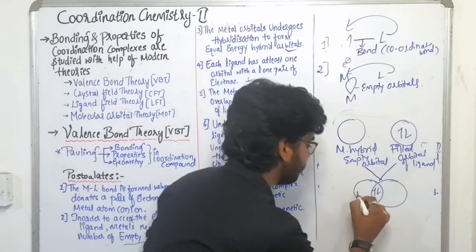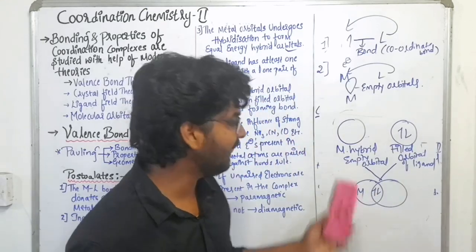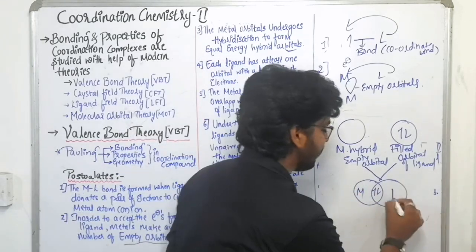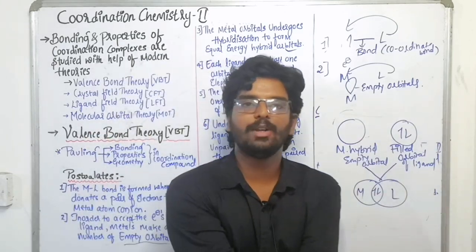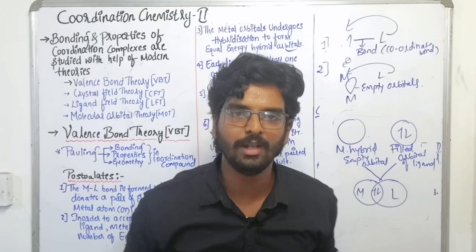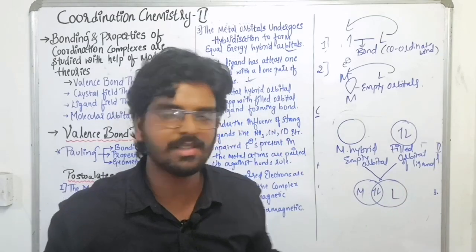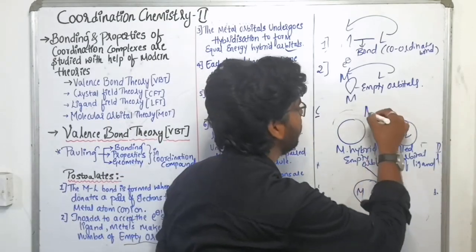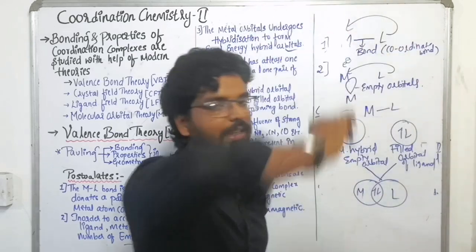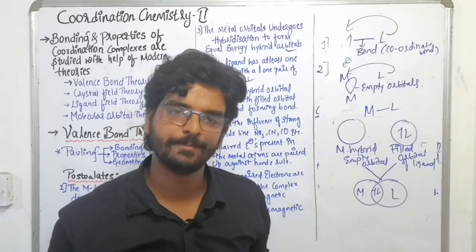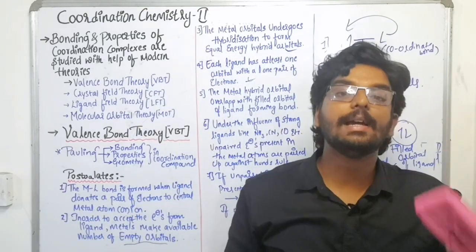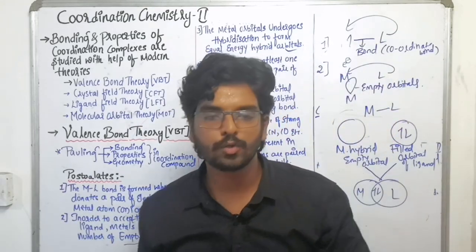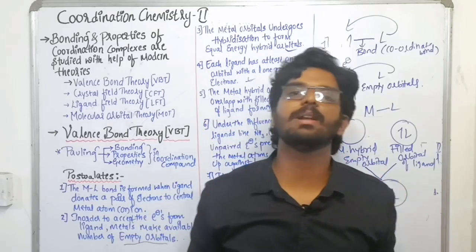Here this is the empty equal energy orbital of the metal, and this is the filled orbital of the ligand. Now the ligand has donated the electron pair to what? The central metal atom or the ion. With the help of overlapping of these orbitals, the bond has been formed between the metal and the ligand. So the thing to be remembered is, greater the overlapping, stronger is the bond formed between the metal and the ligand.